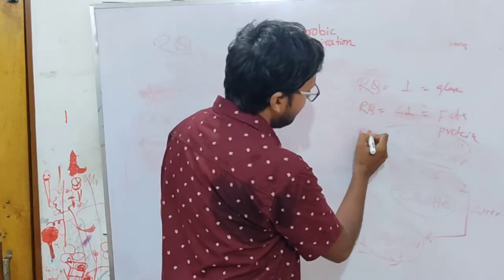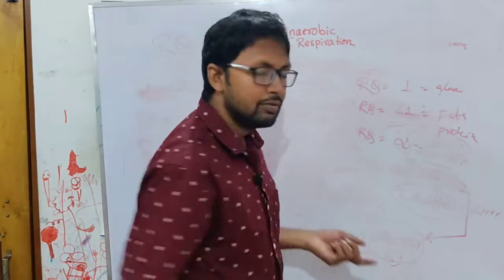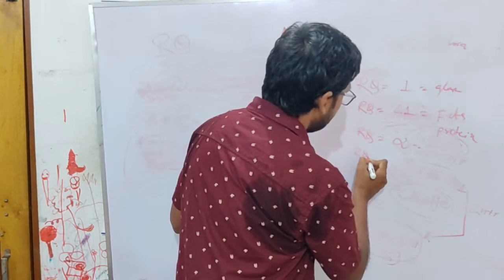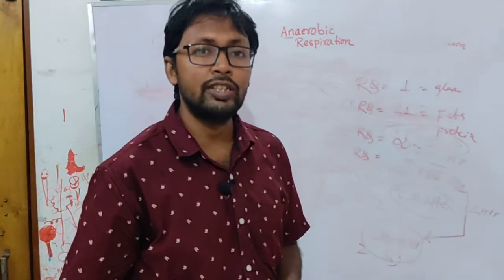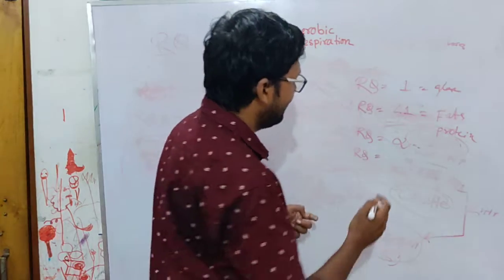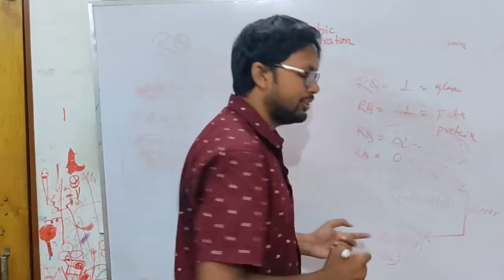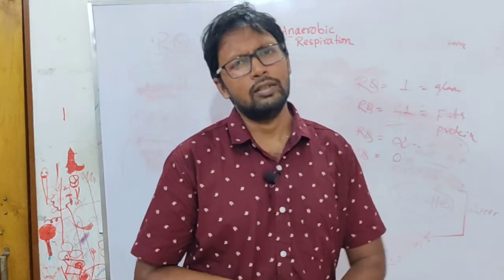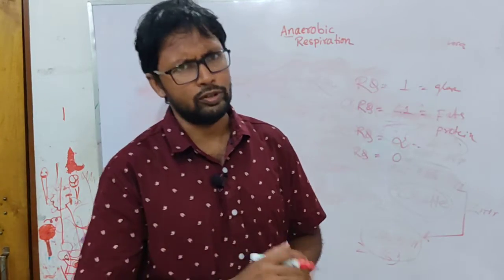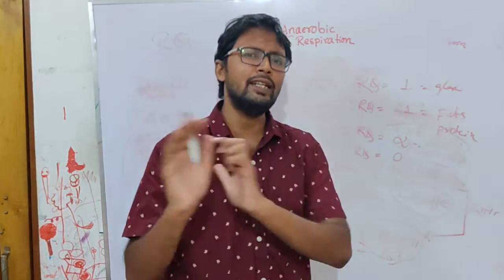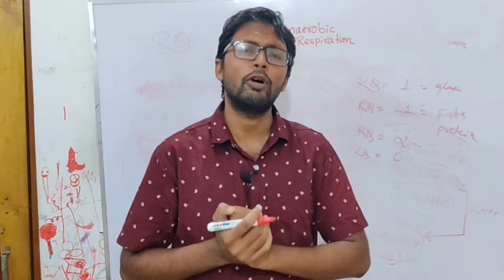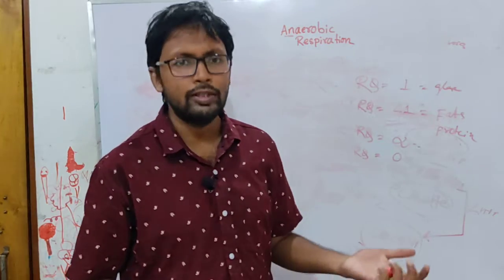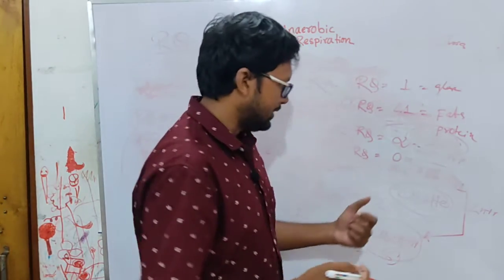RQ is infinity in case of alcoholic fermentation. RQ is 0 in case of succulent plant, where the glucose is partially converted into some organic acids. Like in case of succulents, we know that succulents will produce the malic acid.